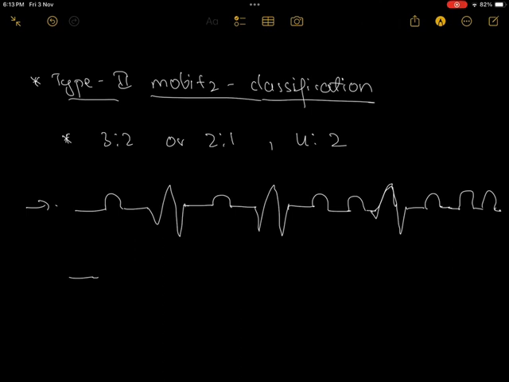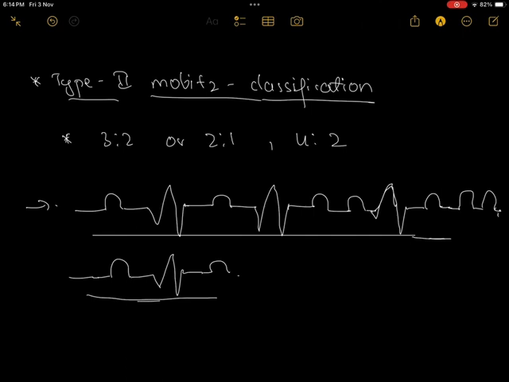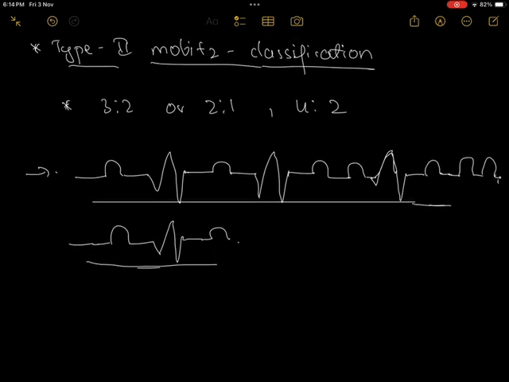I'll be continuing that in the diagram below. So if there is continuous formation of 3 PQRST complexes, then there are high chances that there would be dropping of 2 QRST complexes and formation of 2 P waves. So this is the difference between type 1 Mobitz classification and type 2 Mobitz classification.